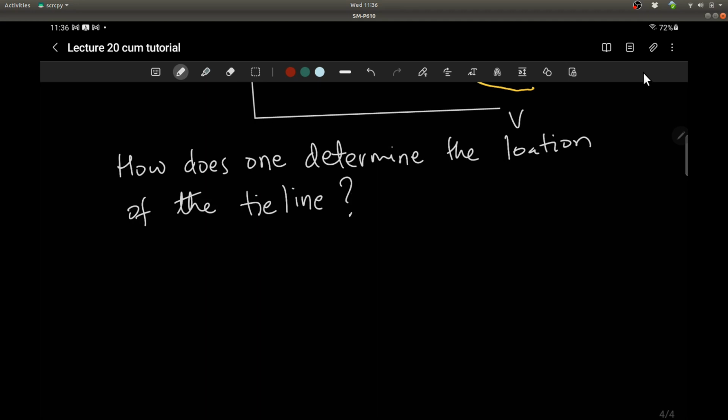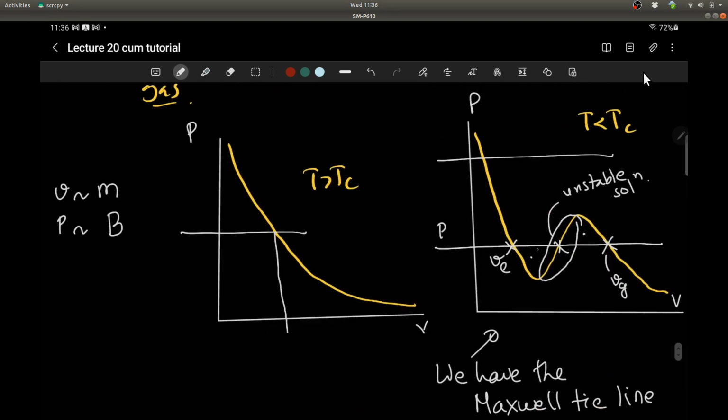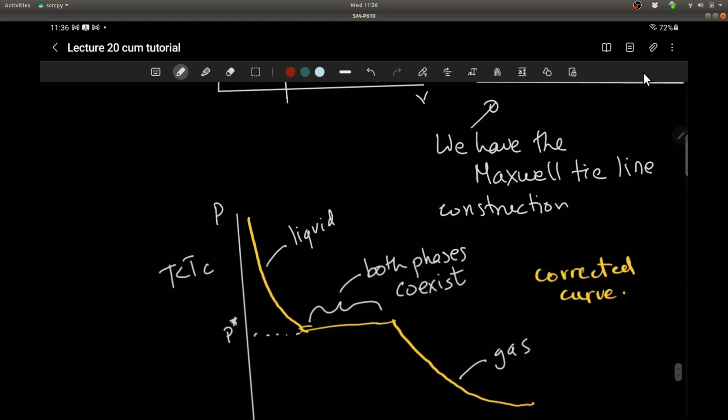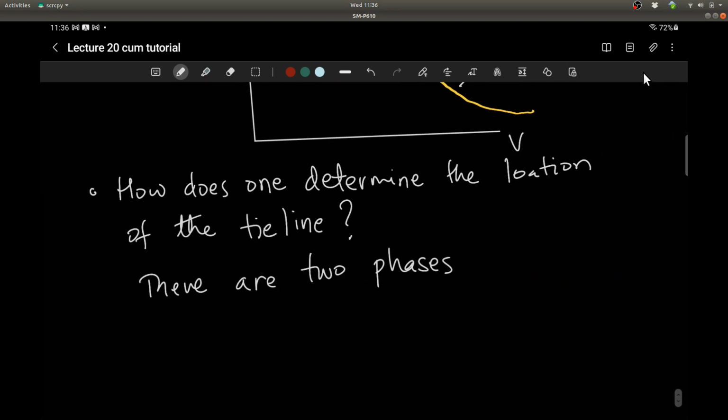The thing is, there are two phases, but actually, if you look carefully, there are 1, 2, 3 solutions, if you wish, for the V. And two phases.